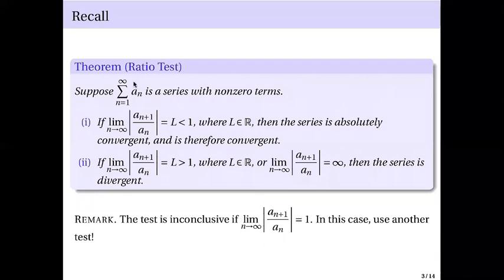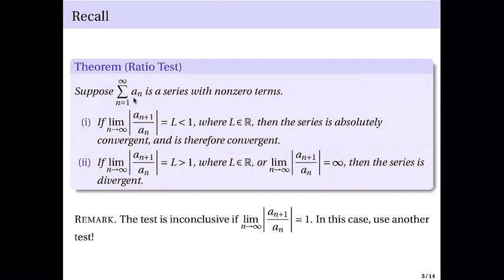And therefore, this series here is convergent. However, if the limit of the absolute value of the ratio a sub n plus 1 over an is a real number greater than 1 or is plus infinity, then this series here is divergent.